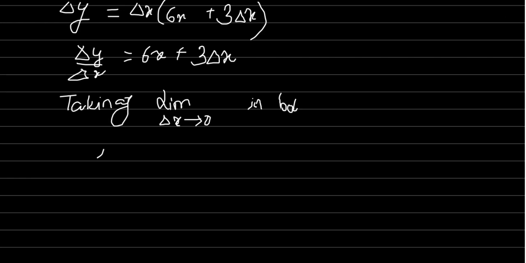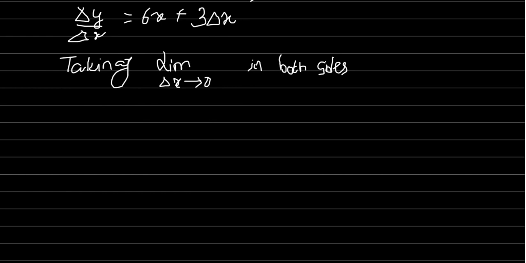On the left side it will be limit delta x tends to 0 of del y over del x, which equals limit delta x tends to 0 of 6x plus 3 delta x.